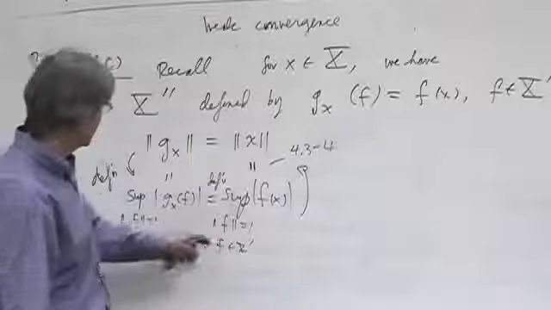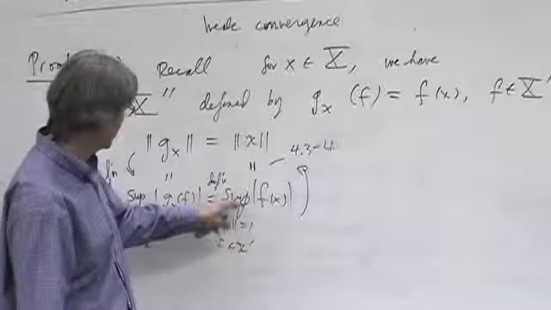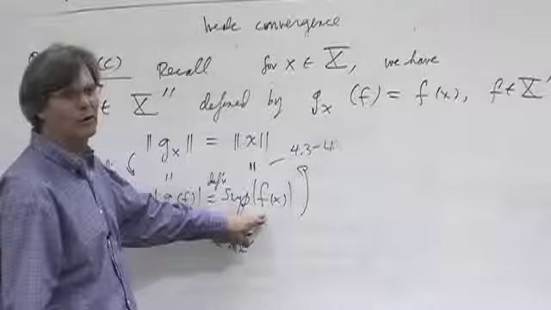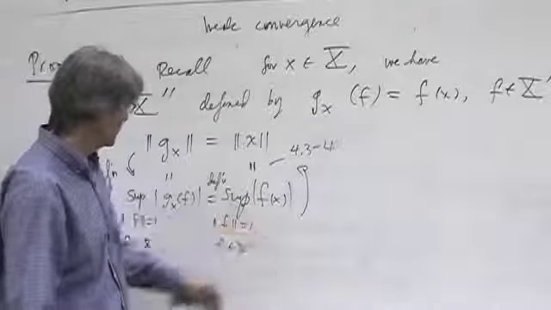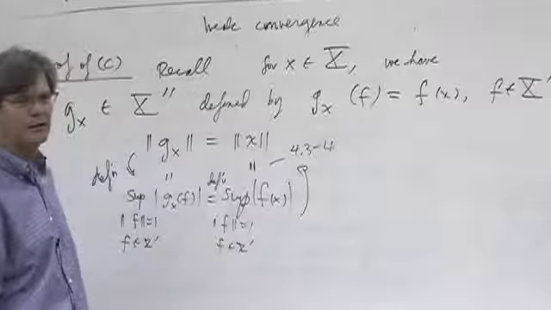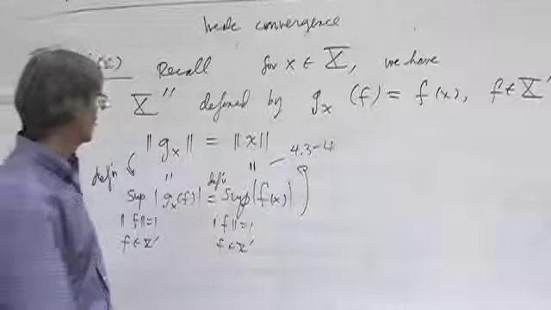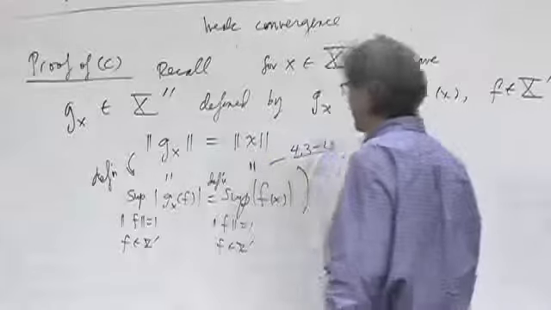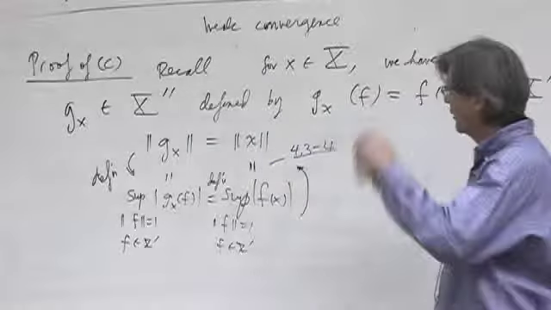Remember, this comes from the Hahn-Banach theorem, that I can evaluate the norm of x by looking at the supremum over all linear functionals of norm 1. So this is basically the Hahn-Banach theorem here. I'm just recalling that.